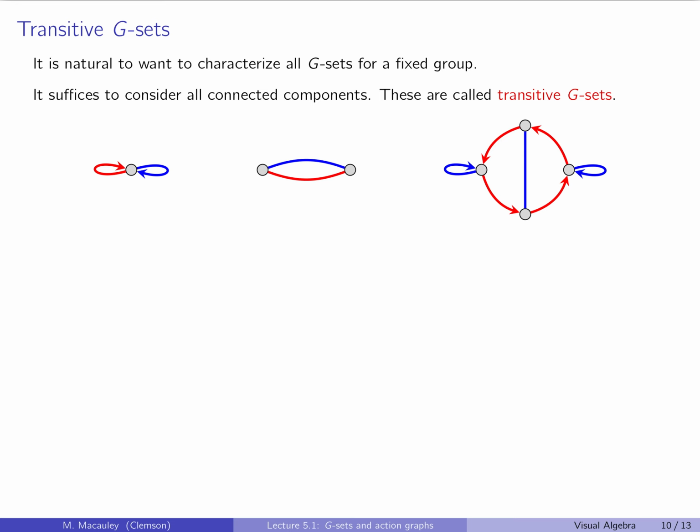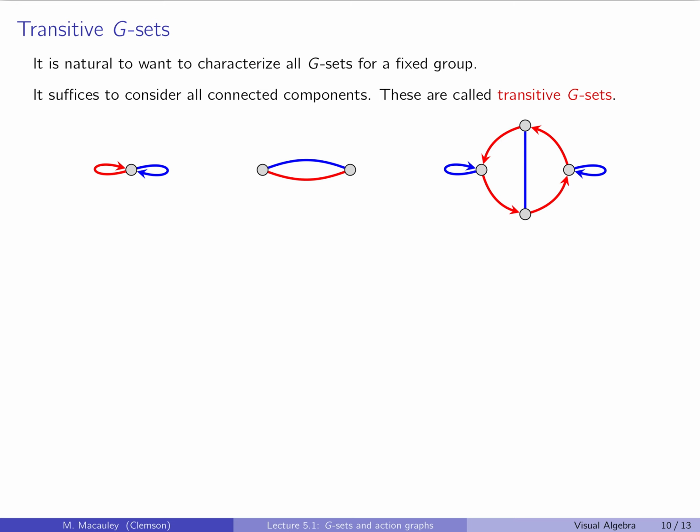Or alternatively, you can think of this entire thing as a size 7 G-set that has 3 components. So when I say characterize all G-sets, you can make even larger and larger ones. I started with a set of 7 binary squares, but I could have started with a set of over 1 million squares like that.